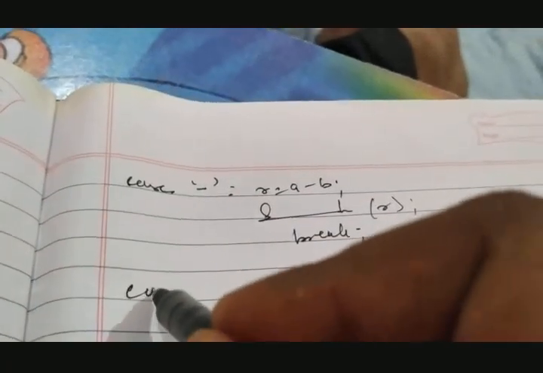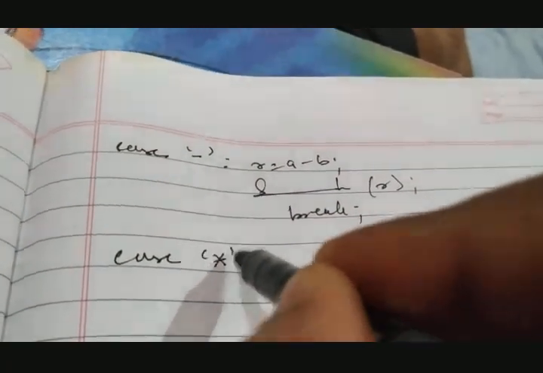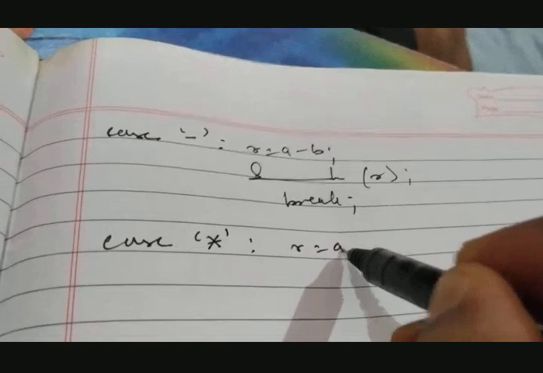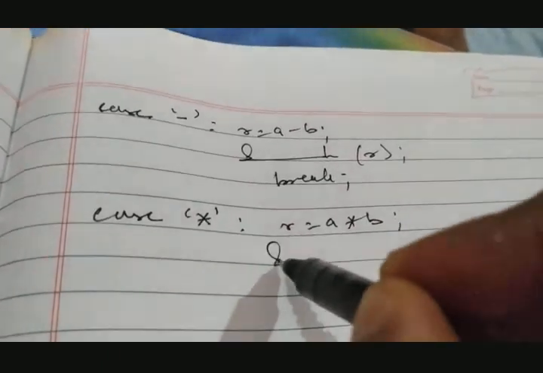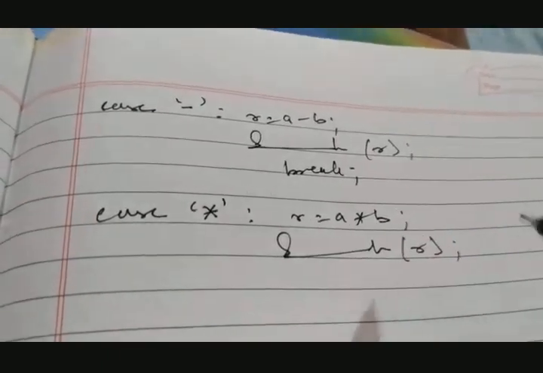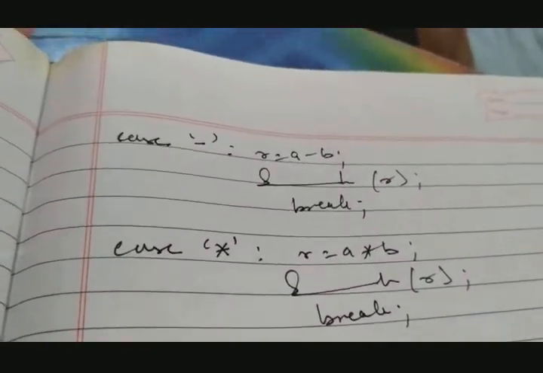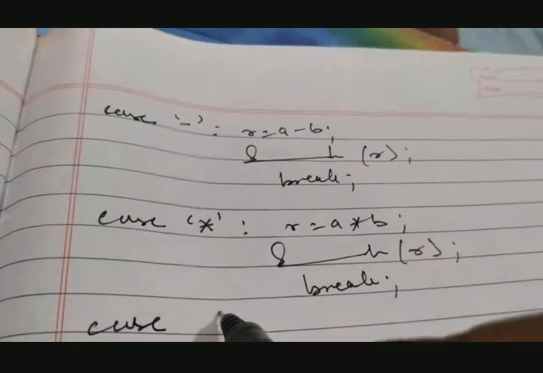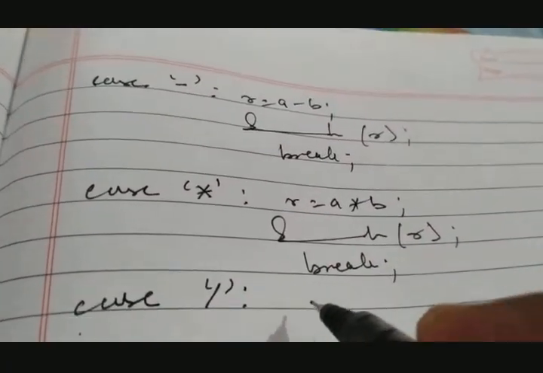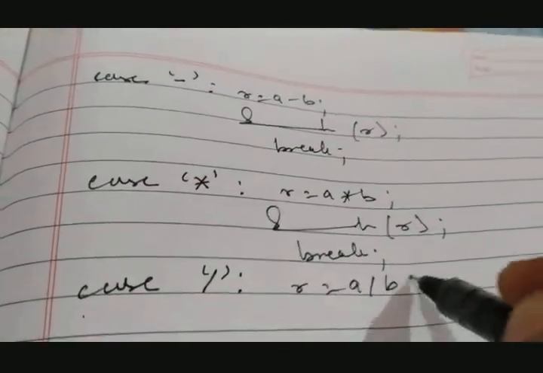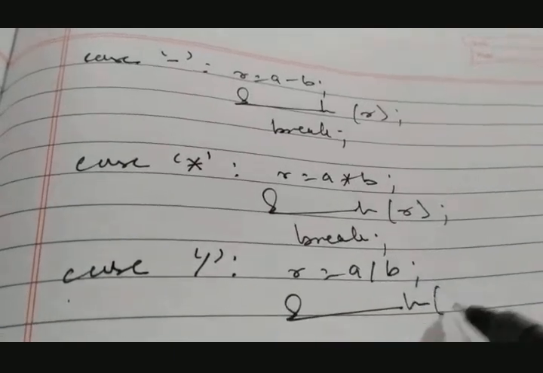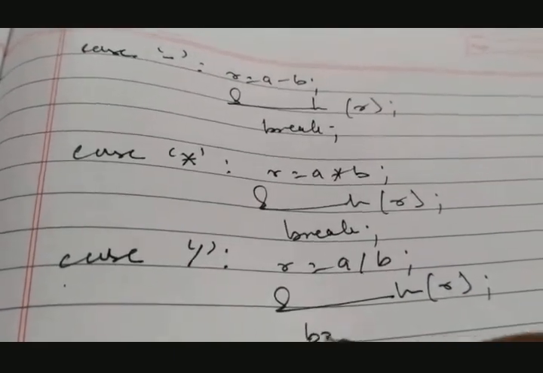Then case asterisk, r equals a into b, println r, break. Case slash, r equals a slash b, println r, break.